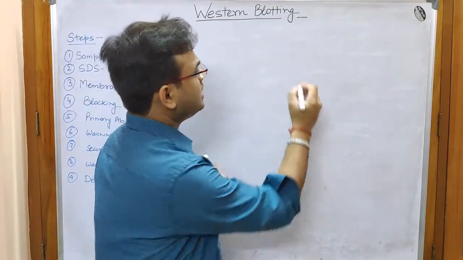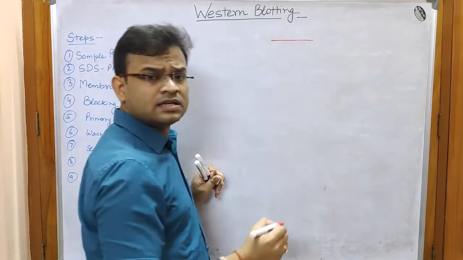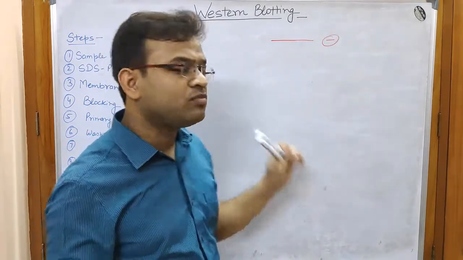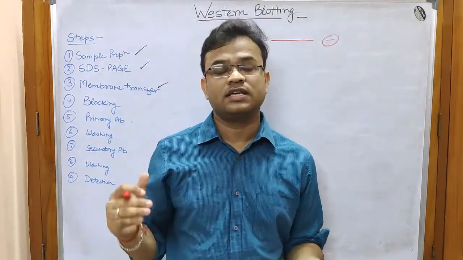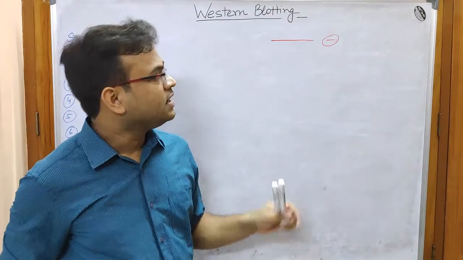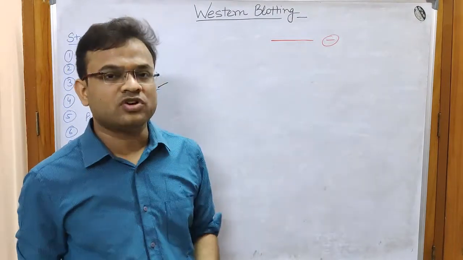Let us understand this with the help of a diagram. Suppose this is the negative terminal or the negative electrode. Western blotting is done in a Western blotting chamber or apparatus. It has two electrodes. First is the negative electrode, then we will draw the positive electrode.